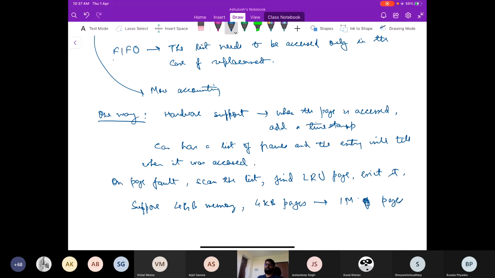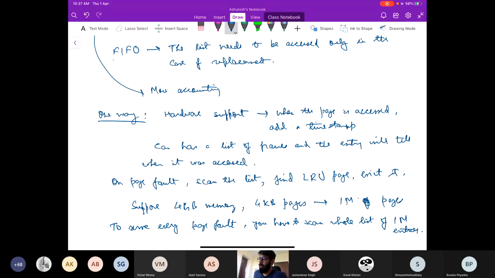So even to serve every page fault, you have to scan the whole list of 1M entries. So this is of course not very practical.